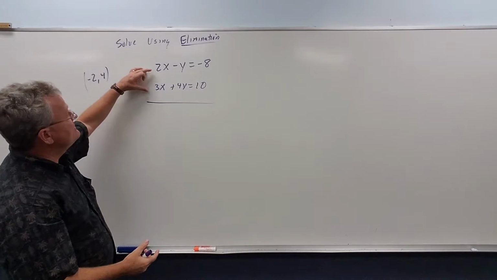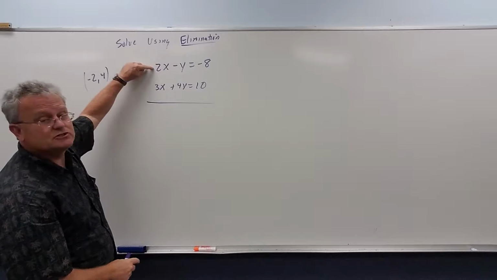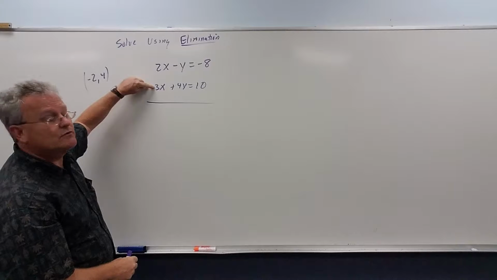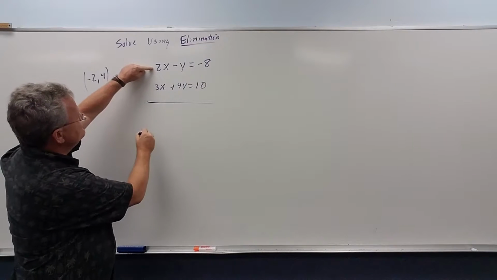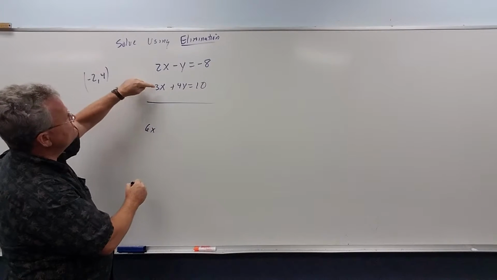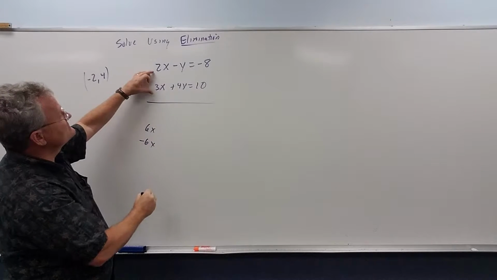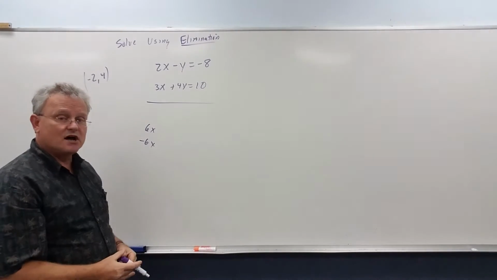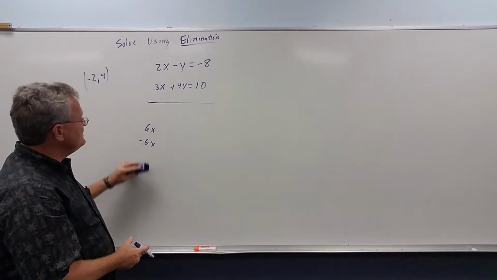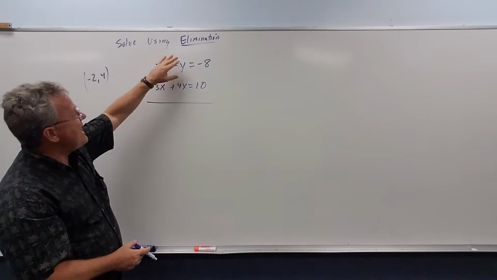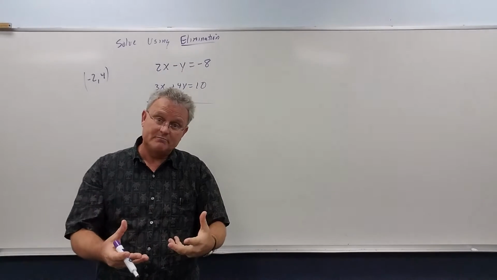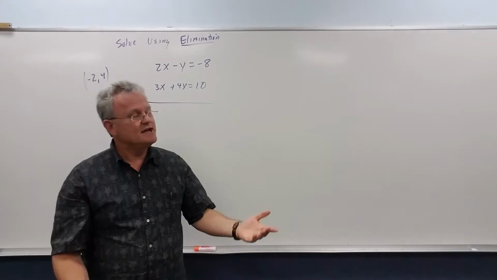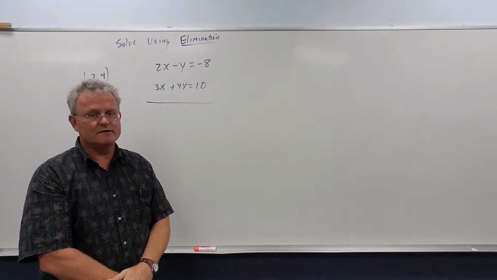If I wanted to eliminate x, I would have to multiply this equation by 3 and this one by -2. Because 3 times 2 gives me 6x, -2 times 3 is -6x, and then when I add those, the x's add up to 0, and we can solve for y. So what we're doing here is when we add them and one of the variables adds up to 0, that variable is being eliminated when we add. That's why it's called the elimination method.